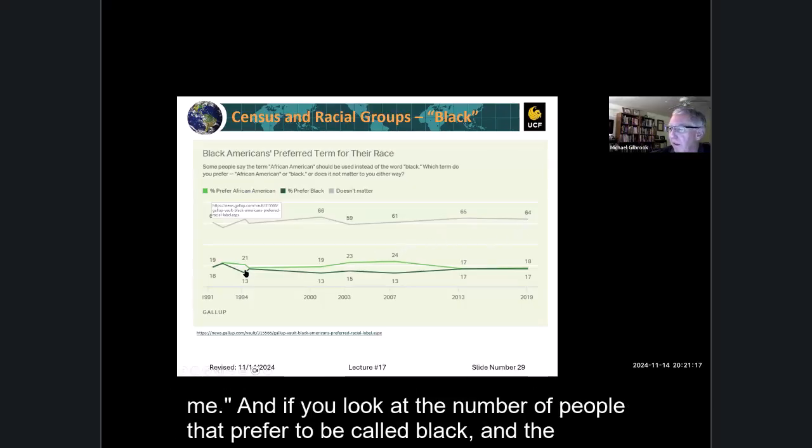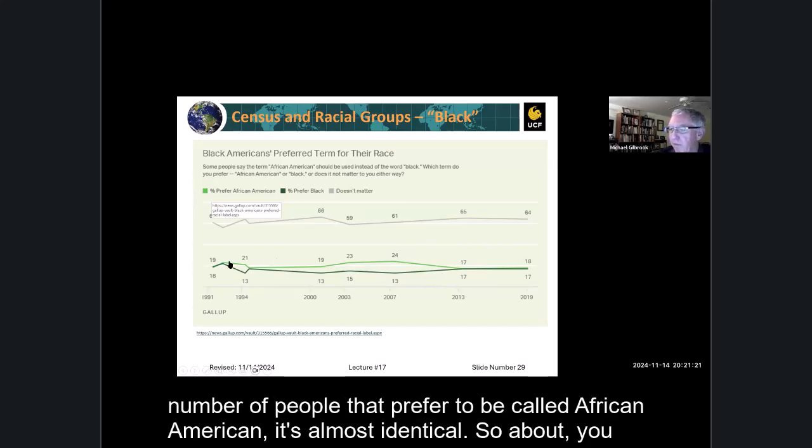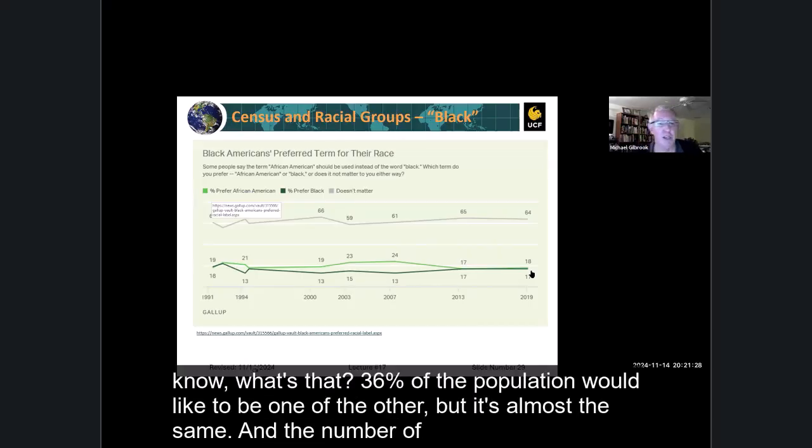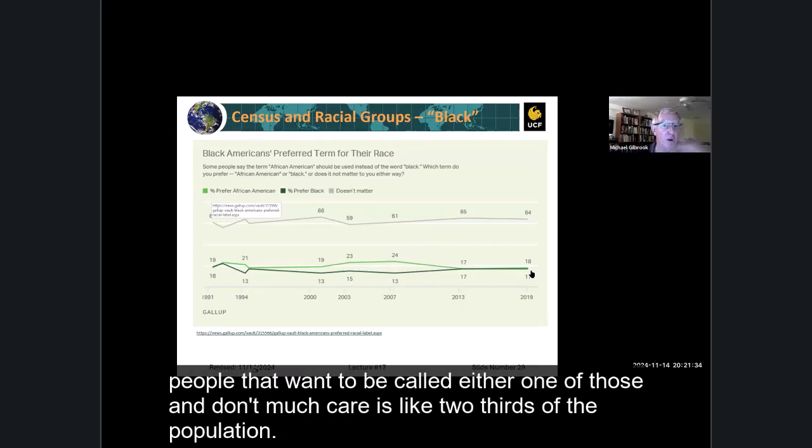And if you look at the number of people that prefer to be called Black and the number that prefer to be called African American, it's almost identical. So about 36% of the population would like to be one or the other, but it's almost the same. And the number of people that want to be called either one of those and don't much care is like 2/3 of the population.